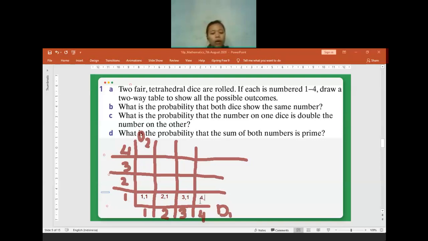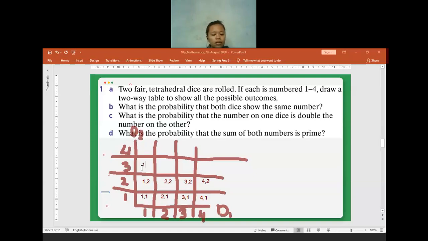4, 1. Okay, 4, 1. After that it will be 1, 2. Okay, after 1, 2 and then 2, 2, and then 3, 2, 4, 2, and so on. You can complete it by yourself, right? Or should I complete everything?